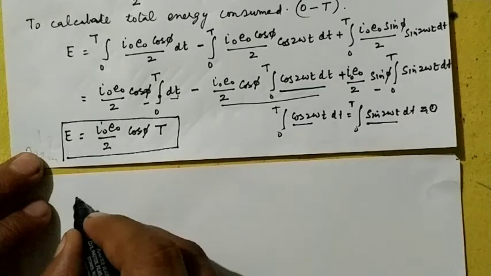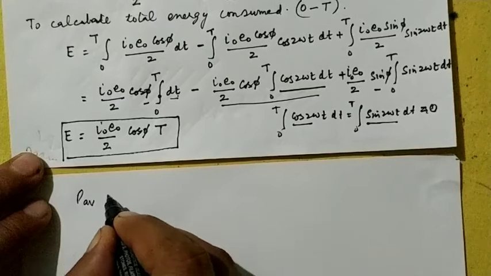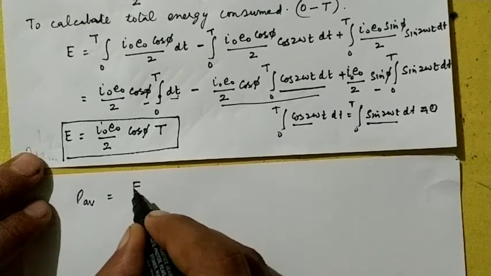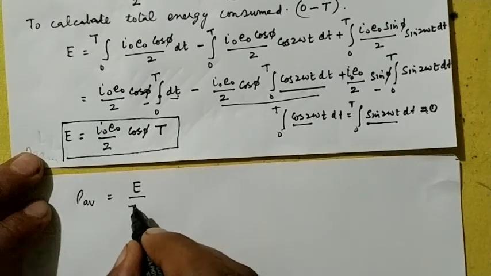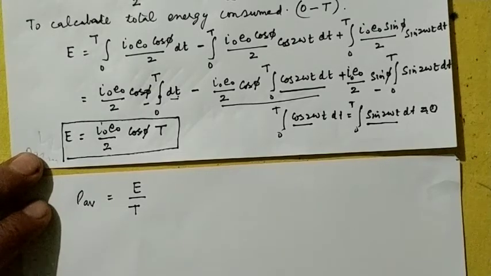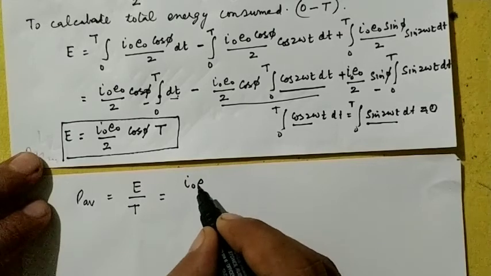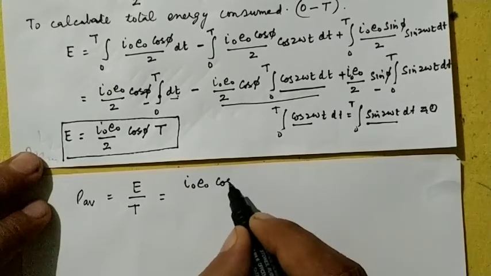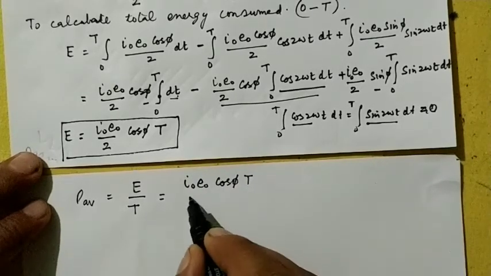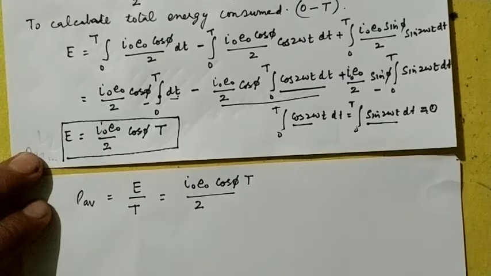Now we know that the average power is equal to the total energy consumed divided by time, that is capital T. Now put the value. So what we get? I naught E naught into cos of phi into T divided by 2, divided by this time period.